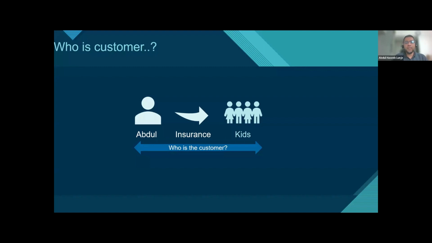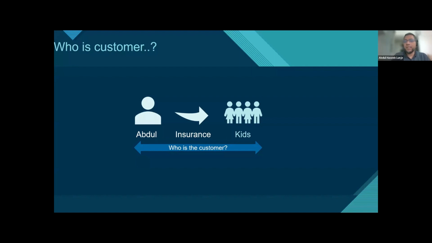Any view from you? I think Abdul is a customer, but the kids are indirect customers. They are users, right? But the customer will be Abdul because he's purchasing the policy. He's paying for the insurance and he's managing the insurance.